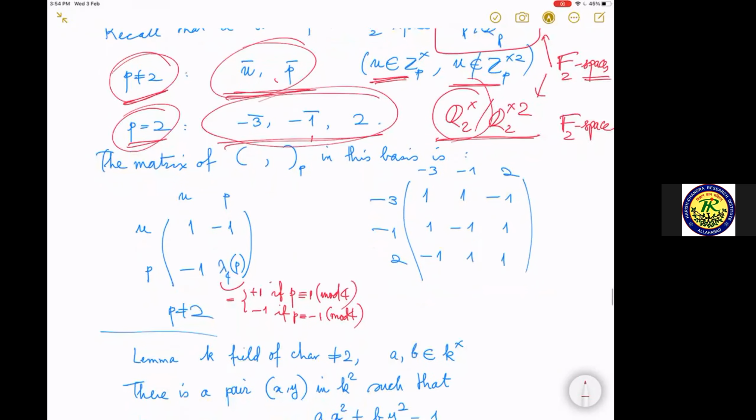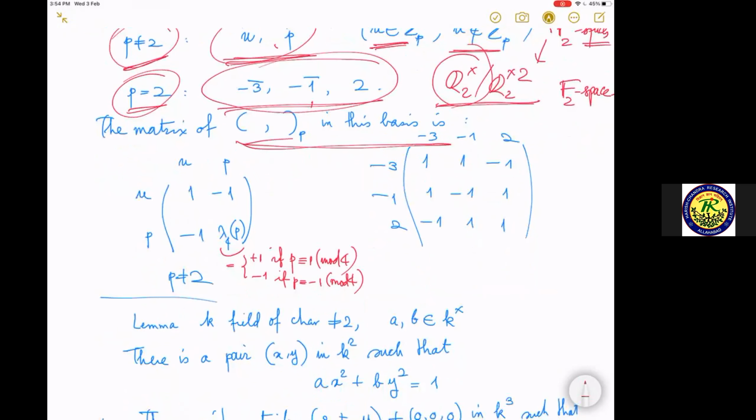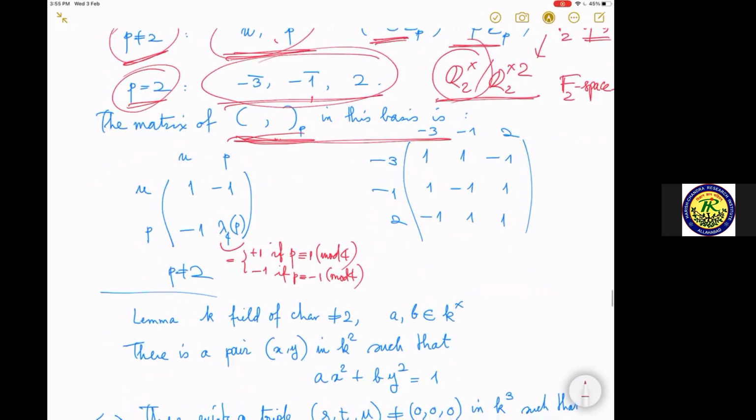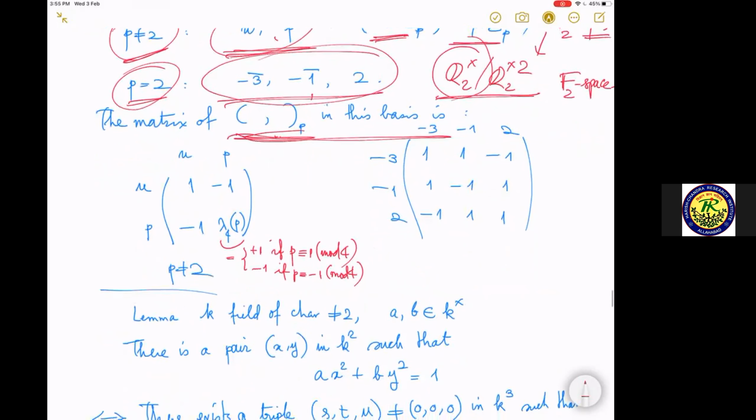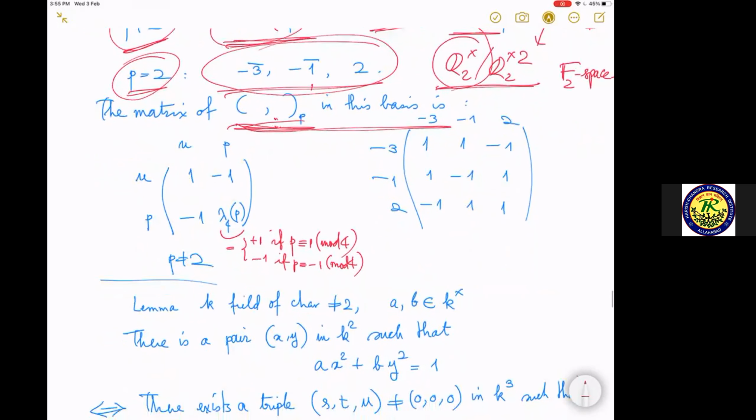So I can write the matrix of this symmetric bilinear form. It's a symmetric bilinear, but here it's better to call it a symmetric bimultiplicative form. Okay, so I have a symmetric bimultiplicative form on this vector space, and I have bases of these vector spaces. So I can write down the matrix of this form in this basis.